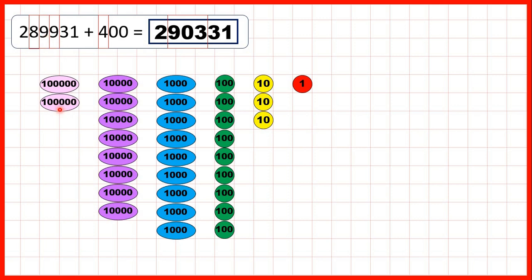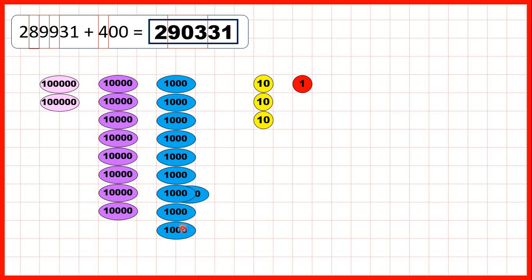Then we had 289,931. So that's 200 thousands, 8 10,000s, 9 thousands, 9 hundreds, 3 tens, and 1 one. We needed to add 400, but we already had 9 hundreds. So when we added 100, we could exchange that for 1,000, but then doing that gives us 10 thousands.